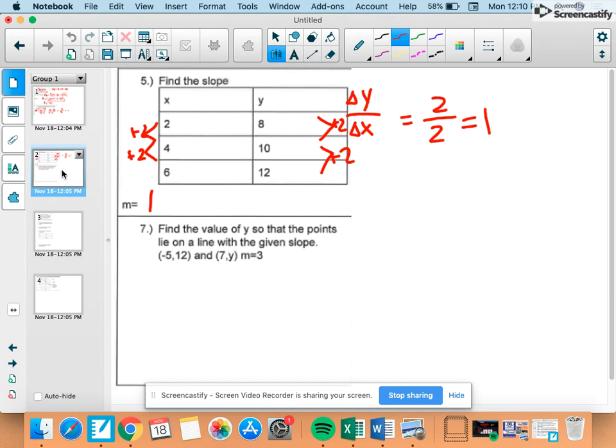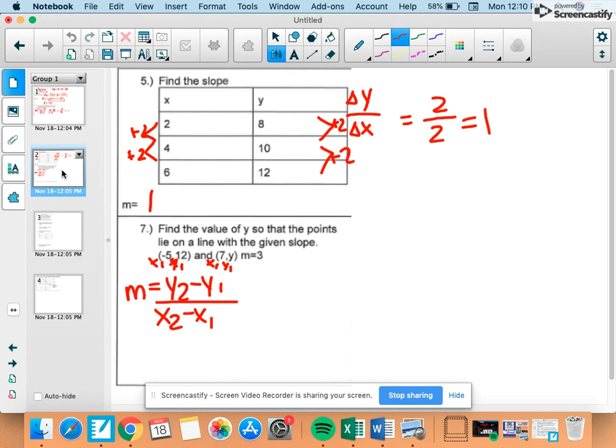Similar concept, we're going to use the slope formula here, but we have to go backwards. Remember, our slope formula is y2 minus y1 over x2 minus x1. They're giving us the slope, and they're giving us x1 and y1, but we have to find the new y for y2. So I'm going to plug in.